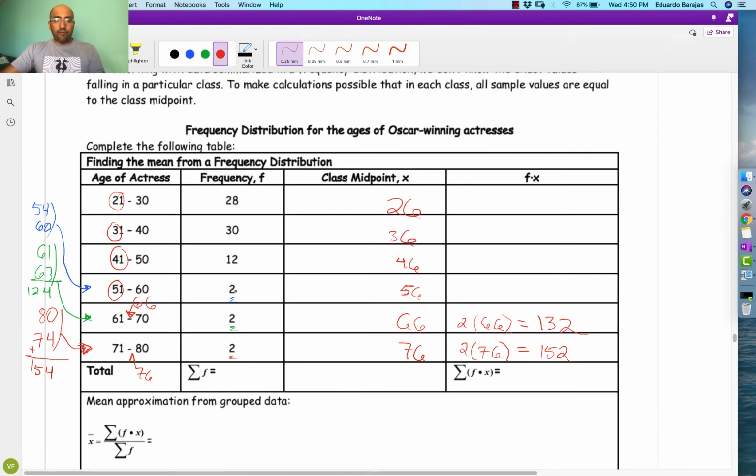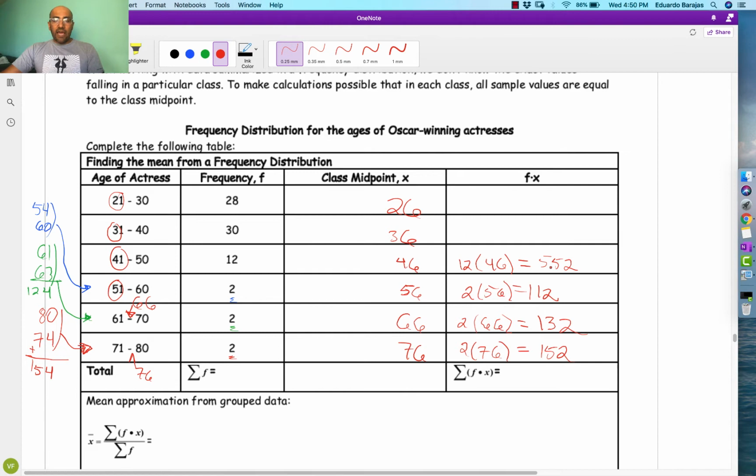Let's multiply the frequency times the class midpoint. So that would be 2 times 56 is 112. And then 12 times 46, which is 552, right? So remember, what does that mean?